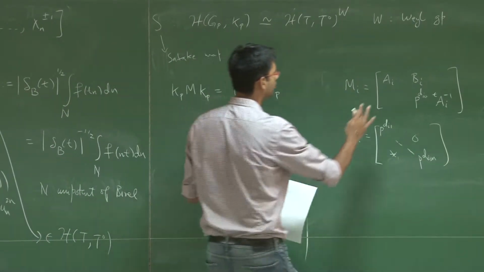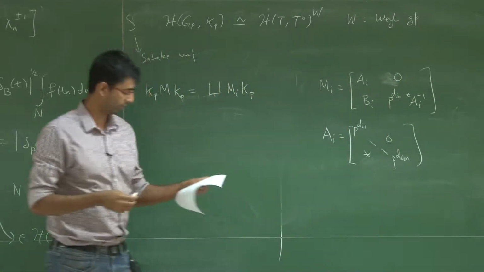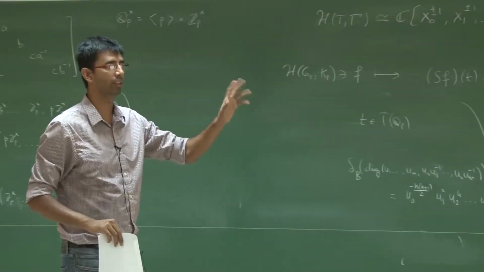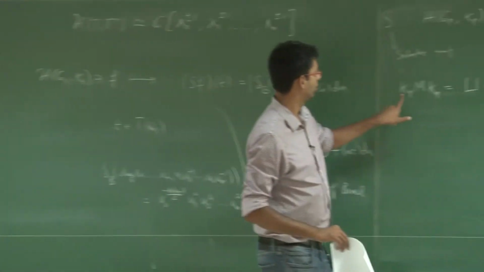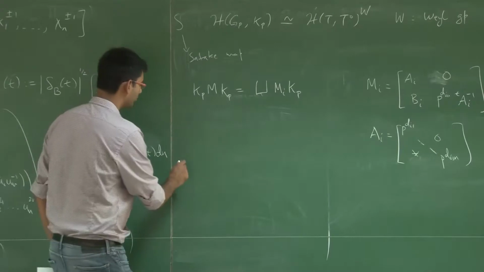Maybe I think the bi should come here. I think on my notes the bi is on the top, but I will check and see if this is a typo.